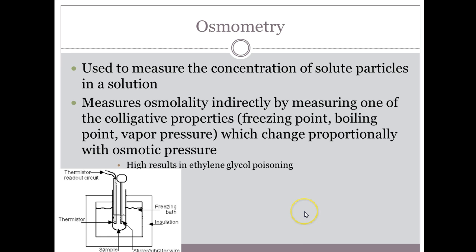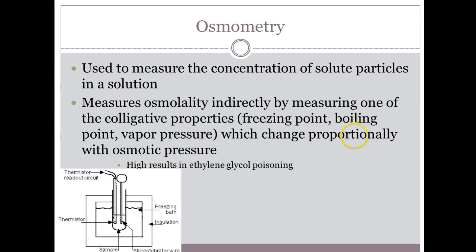The last thing I'm going to discuss is osmometry. We're going to talk about this a lot at the end of this course as well, but we sometimes need to check a patient's blood sample to see how many dissolved particles there are. This can tell us things like if they have an alcohol overdose or if they have ethylene glycol overdose. It measures the concentration of solute particles in a solution.